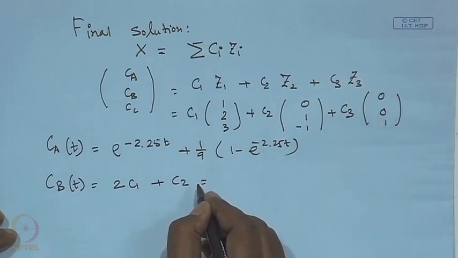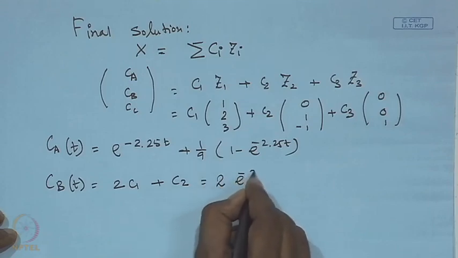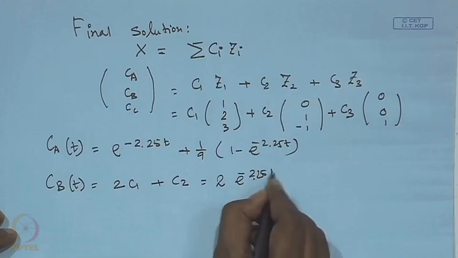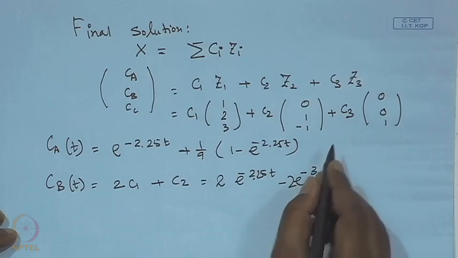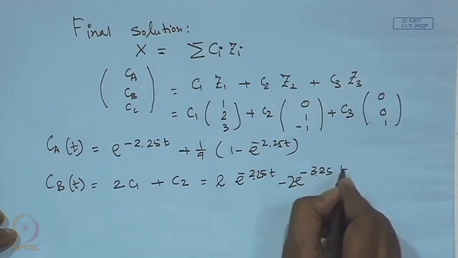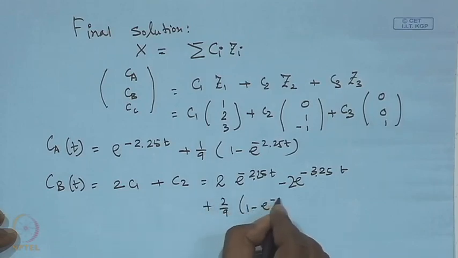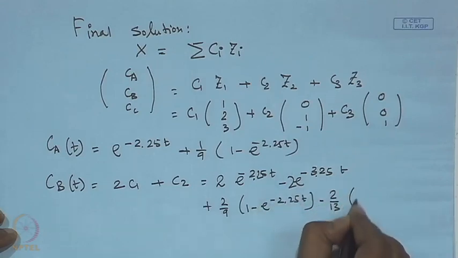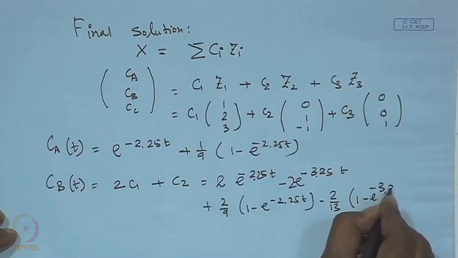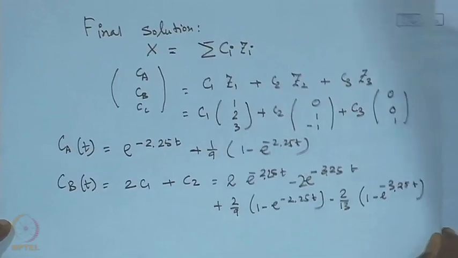So, we have already evaluated C 1 and C 2, put them here: 2 e to the power minus 2.25 t minus 2 e to the power minus 3.25 t plus 2 by 9 (1 minus e to the power minus 2.25 t) minus 2 by 13 (1 minus e to the power minus 3.25 t). So, we can just simplify this equation and get the final expression of C B.